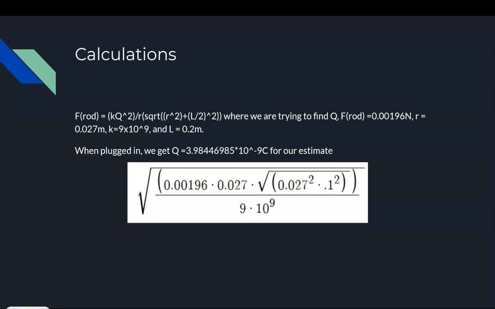We need the force of the rod, and then we need R, which is just the distance, k being a constant, and then L being the length of the tape itself. When you plug all that into the formula given up here, you are given 3.98446985 times 10 to the power of negative 9 C for our estimate.